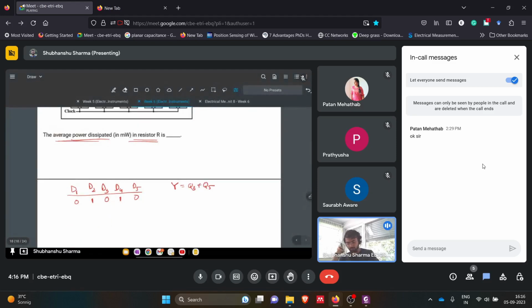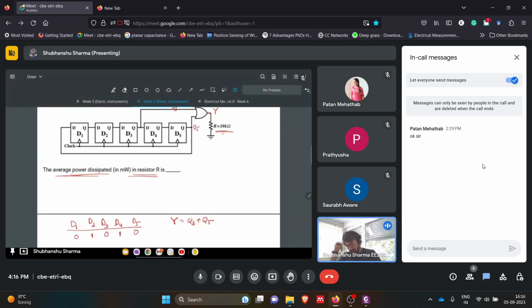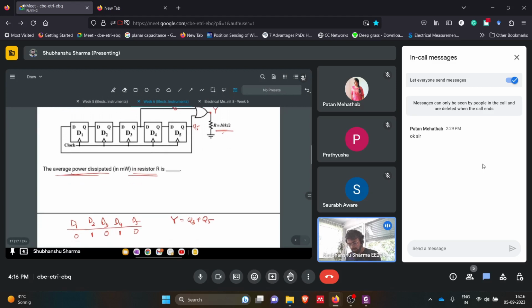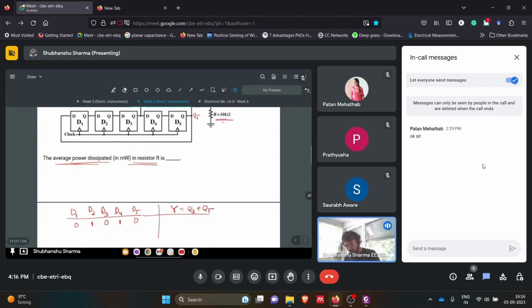That is the expression for an OR gate. Can I minimize? No. So this is the Y output.